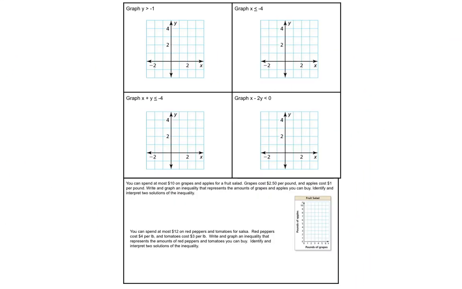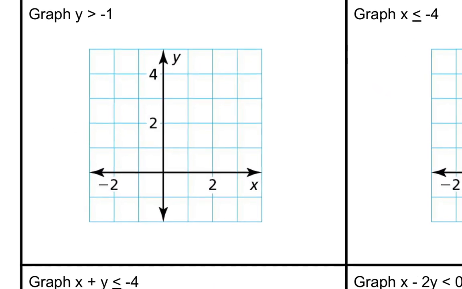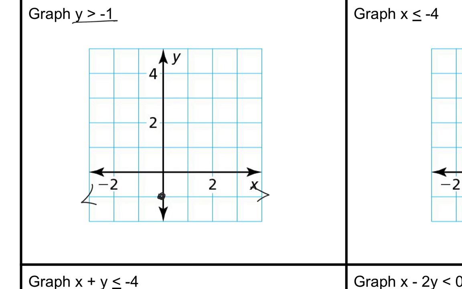All right. So let's graph this one. All right, again, this is a horizontal line, isn't it? And it's crossing at -1. And it's just greater than. It's not or equal to, so we're doing a dash line.